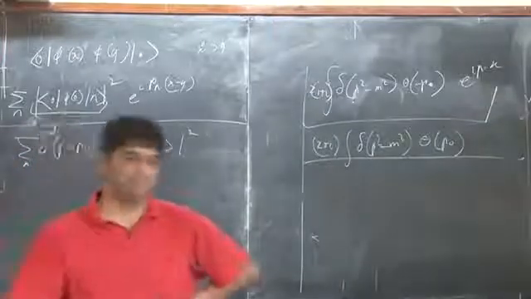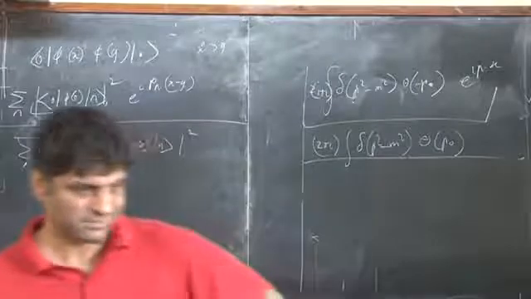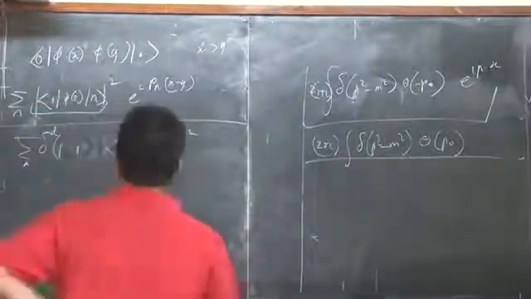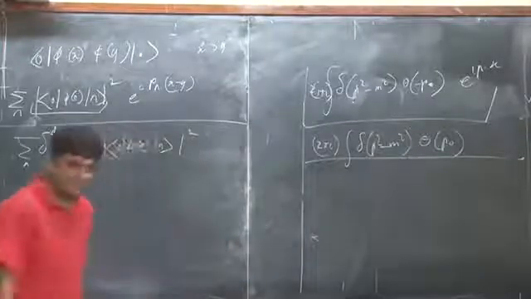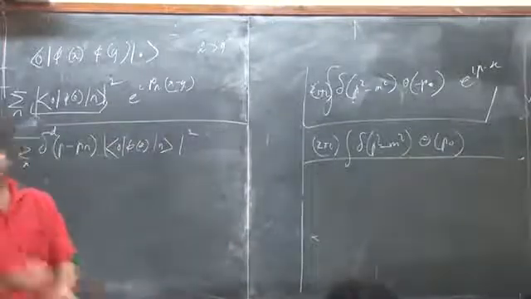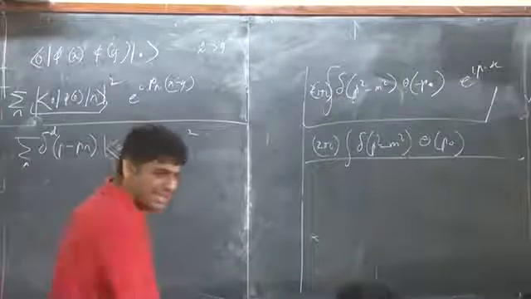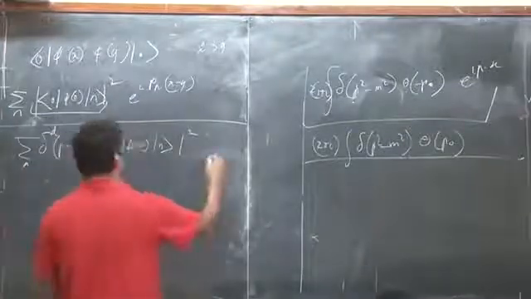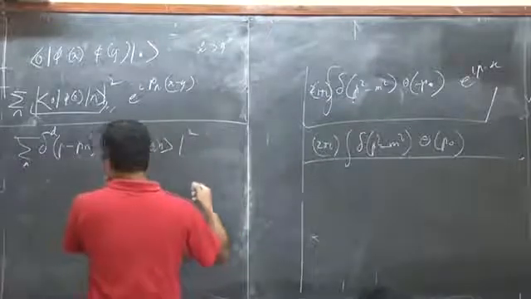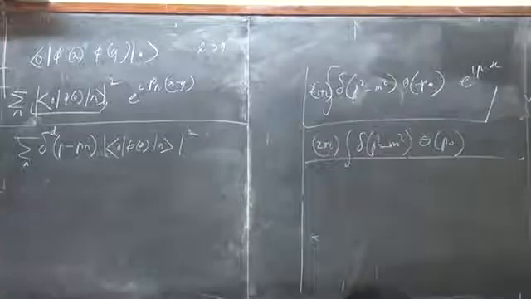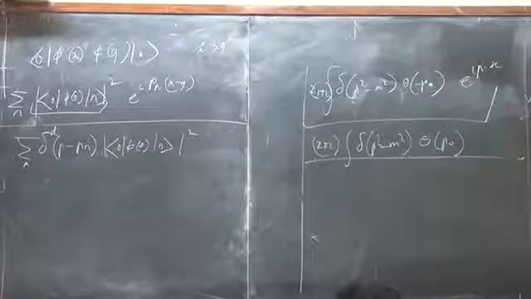This is some function of P. But by Lorentz invariance, it can only be a function of P squared. If you boost, nothing changes. Okay? So this is some function of P squared. Now, what I do is I define this.